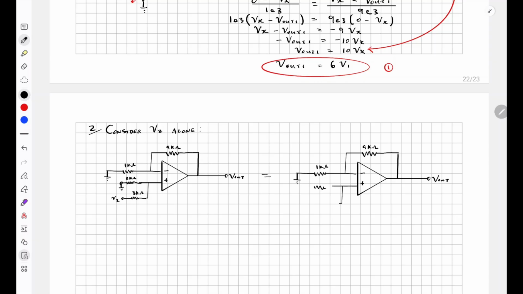So here's the 3 kilo ohm resistor here, and it goes from V2, while the 2 kilo ohm resistor goes to ground.